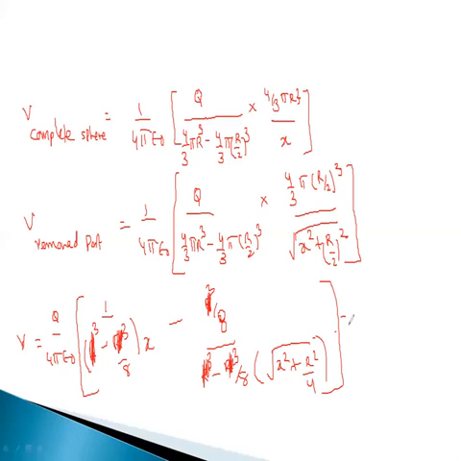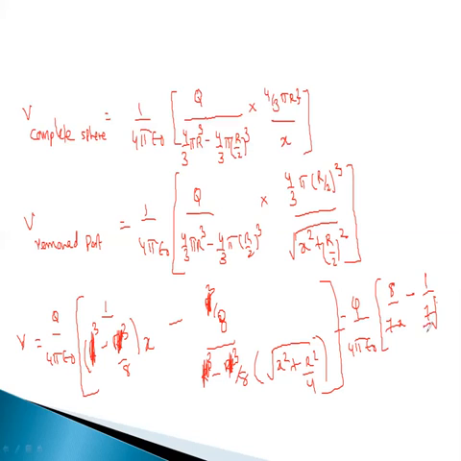And this will be q by 4 pi epsilon naught into 1 by 1 minus 1 by 8, that will be 8 by 7x, minus 1 by 8 by 1 minus 1 by 8, that means it will be 1 by 7. Taking the LCM, it is 1 by 7 root over 4x square plus R square by 4.